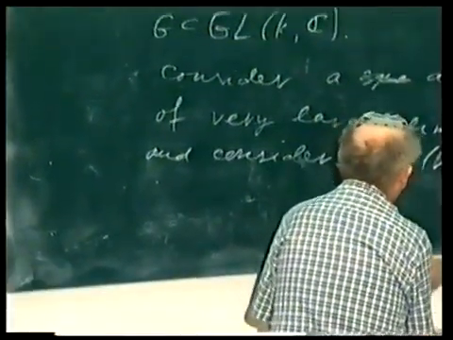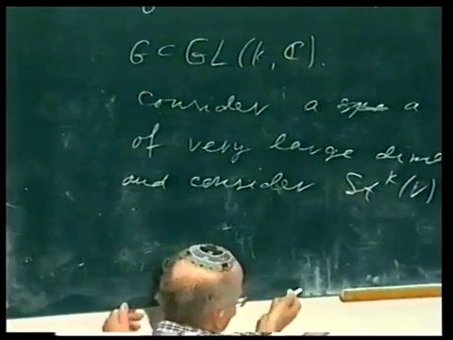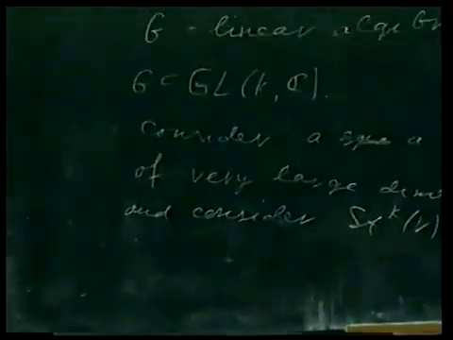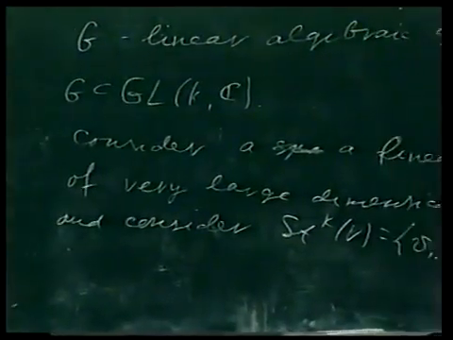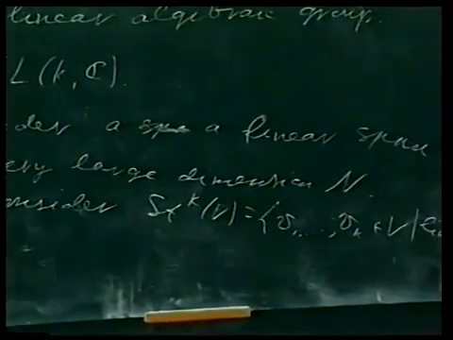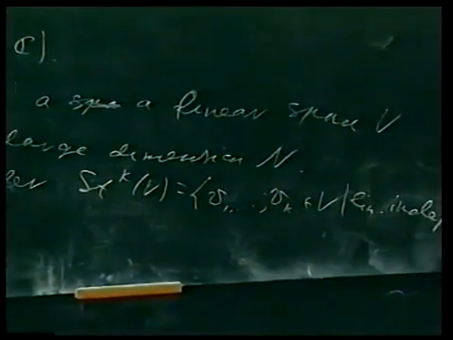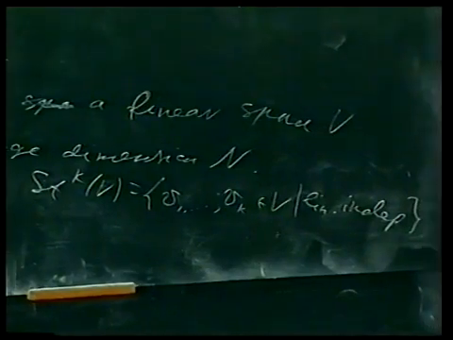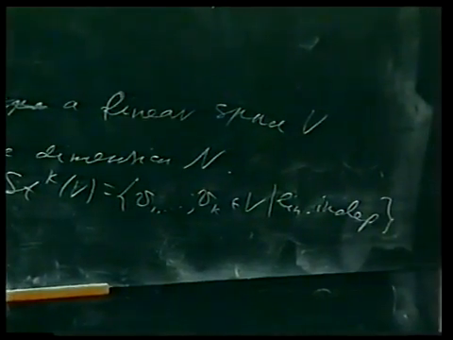So G acts freely on this. This is, of course, the standard construction of the universal bundle.